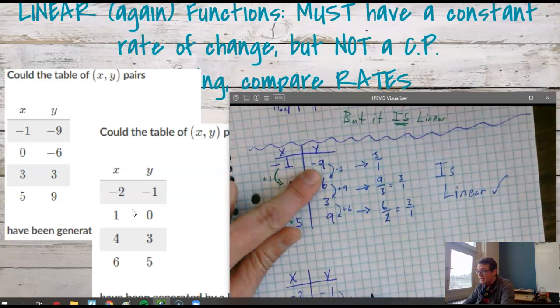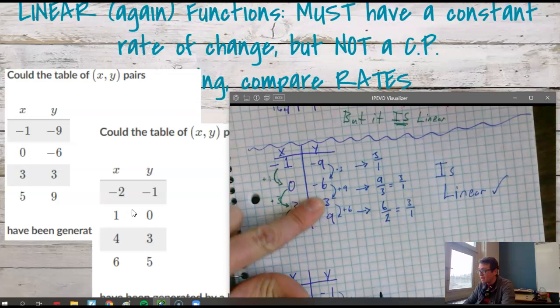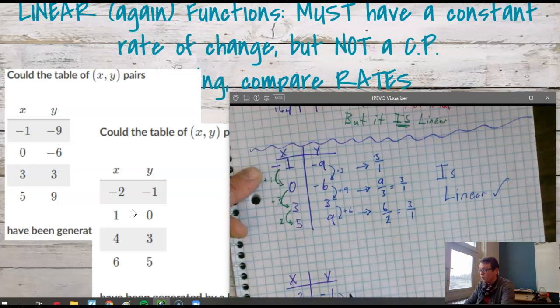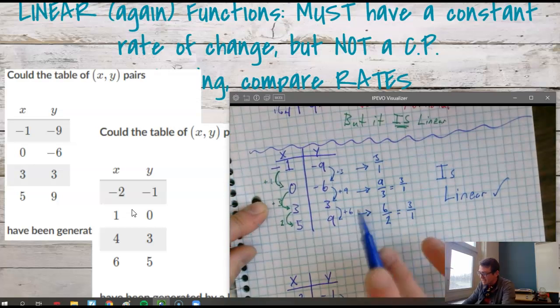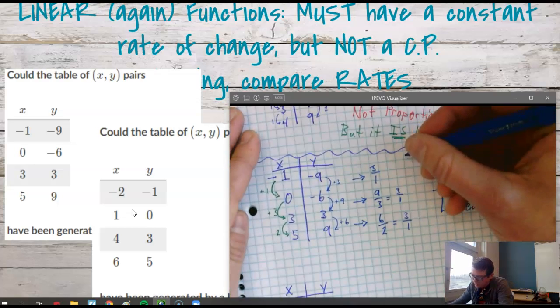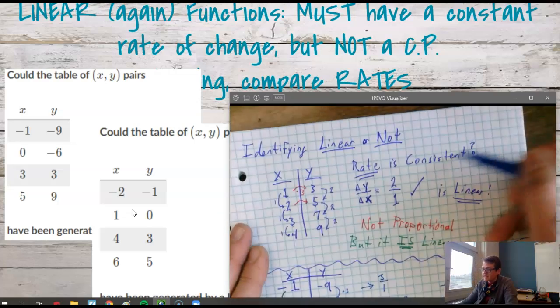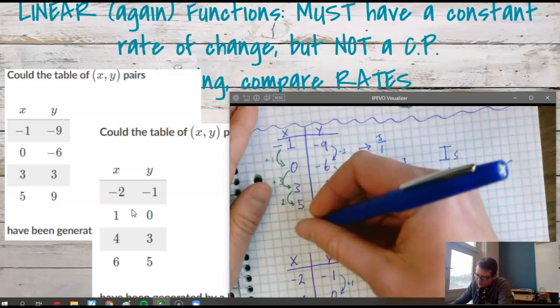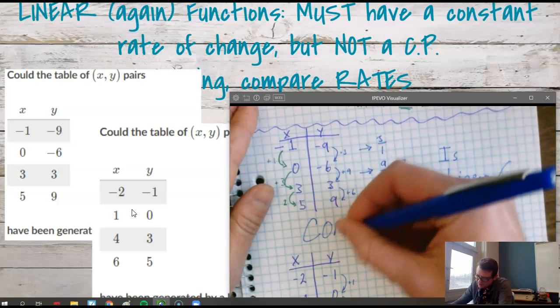Even though these changes in y are not consistent, when we compare the rates, and guys, if you didn't write compare rates, or like rate is consistent, please write down something about rates. I'm going to write it really big right here.